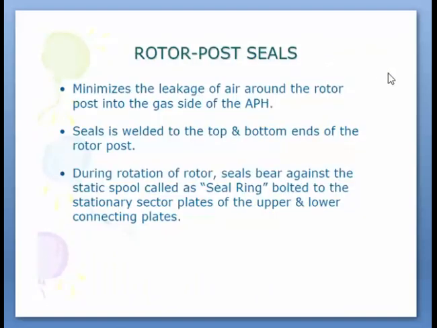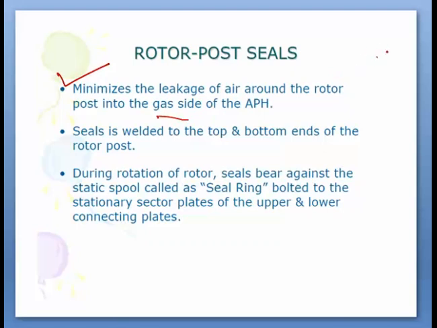The next one is the rotor post seals. The purpose of the rotor post seal is to minimize the leakage of air around the rotor post into the gas side of the air preheater.